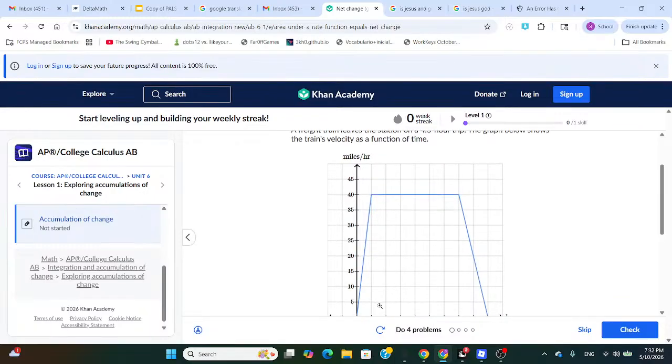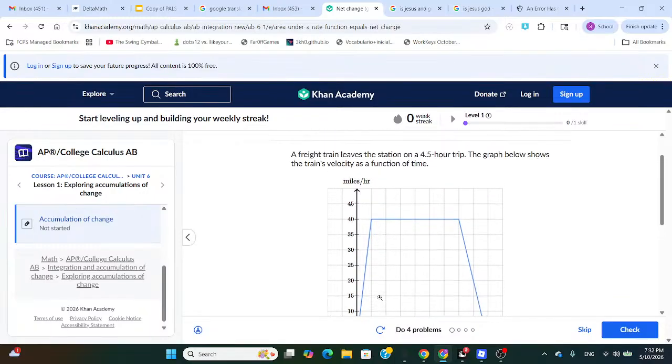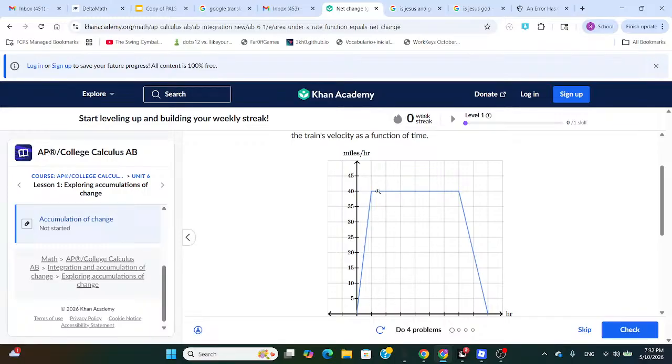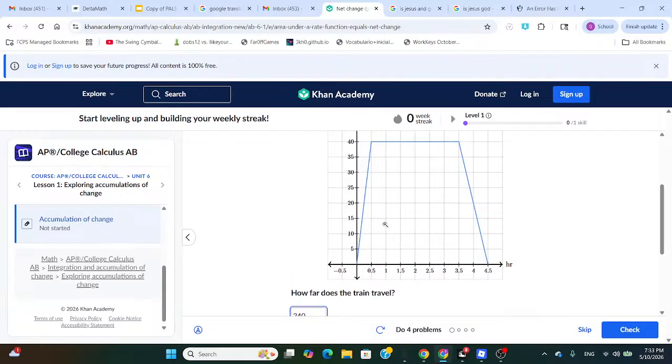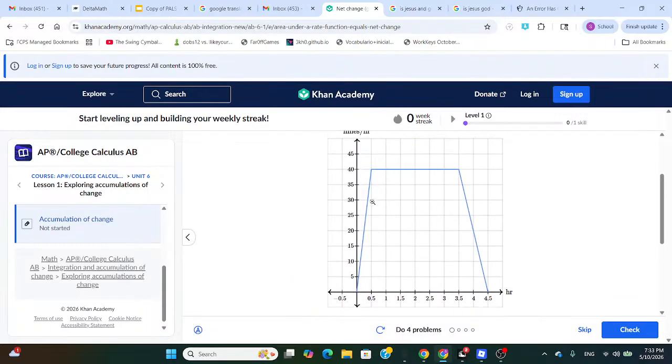This is 5, 10, 40 times 1, 2, 3, 4, 5, 6. 40 times 6 is 260. No, 240. And then these rectangles right here are the trickiest part.